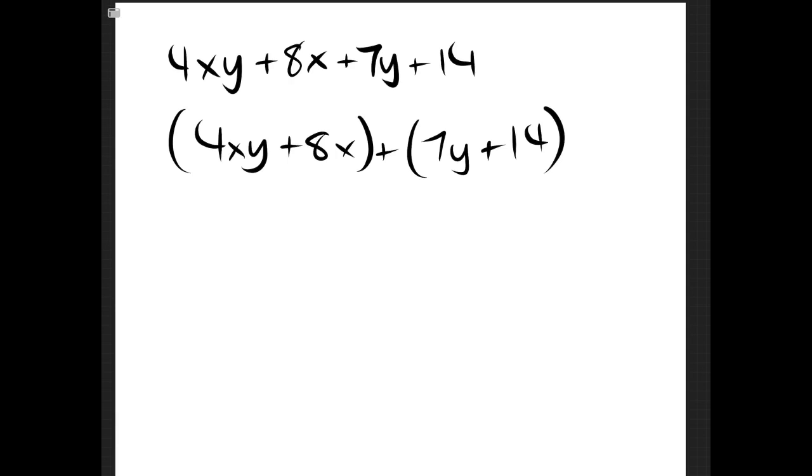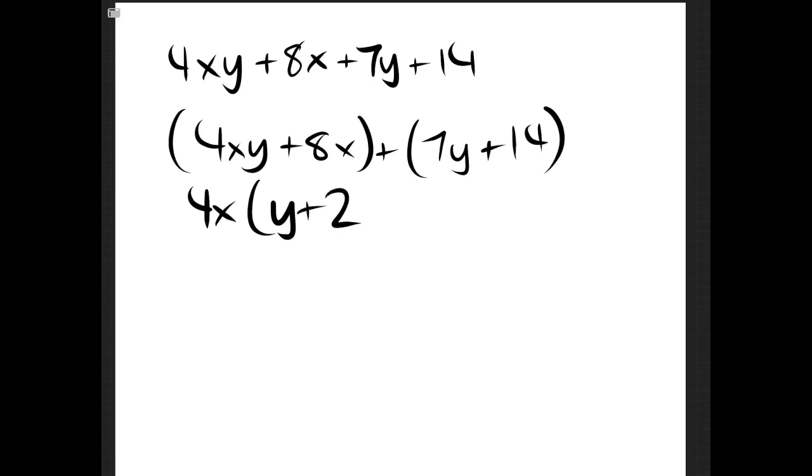Now, let's look at these groups for factors. For the first group, like we did in the first example, we just have to take the GCF out. We look at the numbers. The GCF is 4 because 4 is the largest number you can take out. And the GCF of the variables is x. So the GCF is 4x. If you take 4x out of 4xy, you get y. And then 8x divided by 4x is 2.